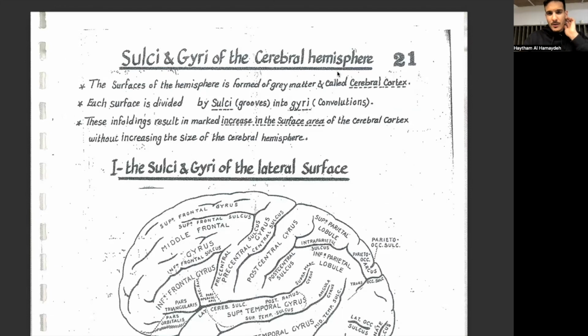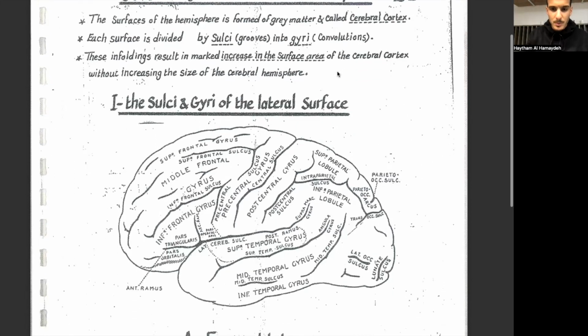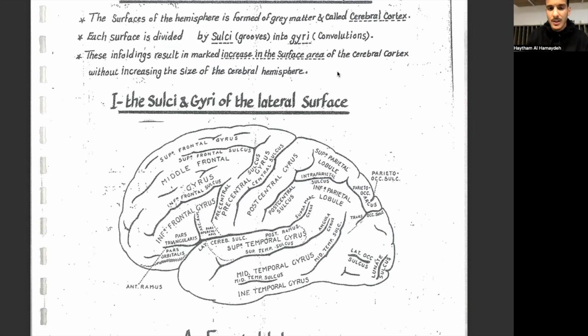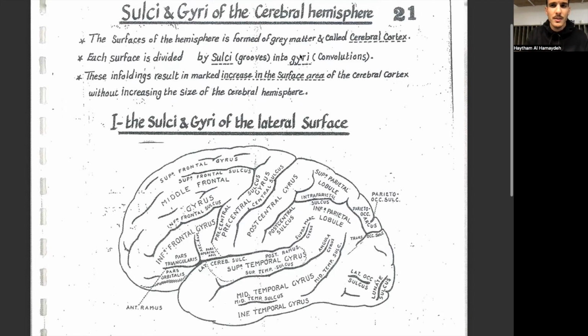Sulci and gyri of the cerebral hemisphere. So this is where we need to memorize stuff. So this is an image that can help us know in general what the gyri of the brain are, and the sulci that form those different lobes of the brain. So just to give a general introduction, the surface of the hemispheres is formed by gray matter and called the cerebral cortex.